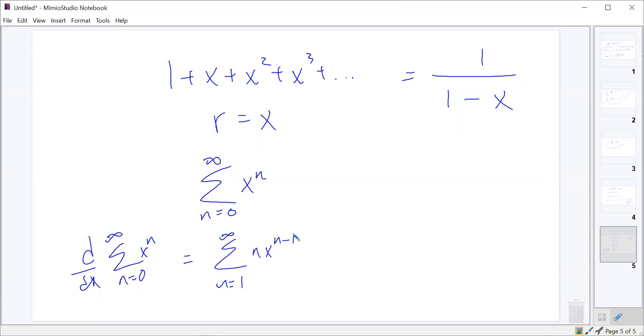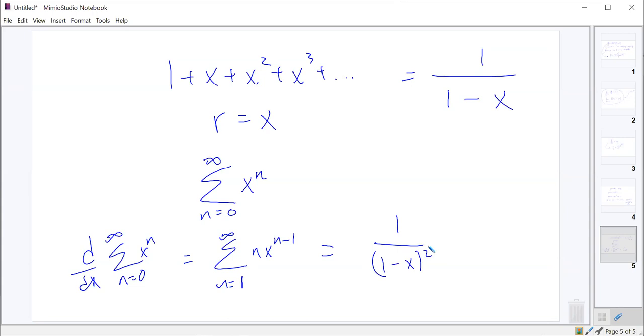If I'm starting at 0, the first term then becomes a power of -1, which is not what happens when you take derivatives of constants. That's why we have to raise our index up from n equals 0 to n equals 1. And that's equal to the derivative of this, which should be what? 1 over 1 minus x squared.